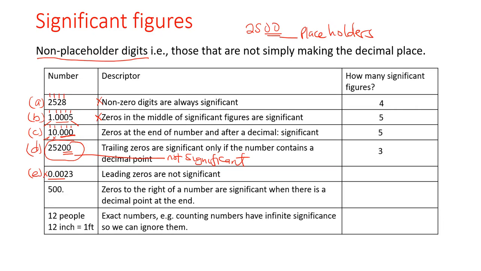So this 0 is before the decimal point and these zeros are after the decimal point but before any significant digit. So we call them leading zeros. Leading zeros are not significant, which means this value E has 2 significant figures based on 2 and 3.